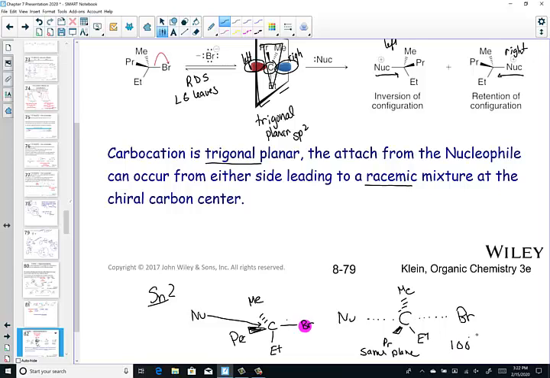And we just said this was 100% inversion of configuration all the time. An R will turn to an S, or an S will turn to an R, 100% of the time: inversion of configuration at a chiral carbon. Because there was only one side it could attack, the opposite side of the leaving group.